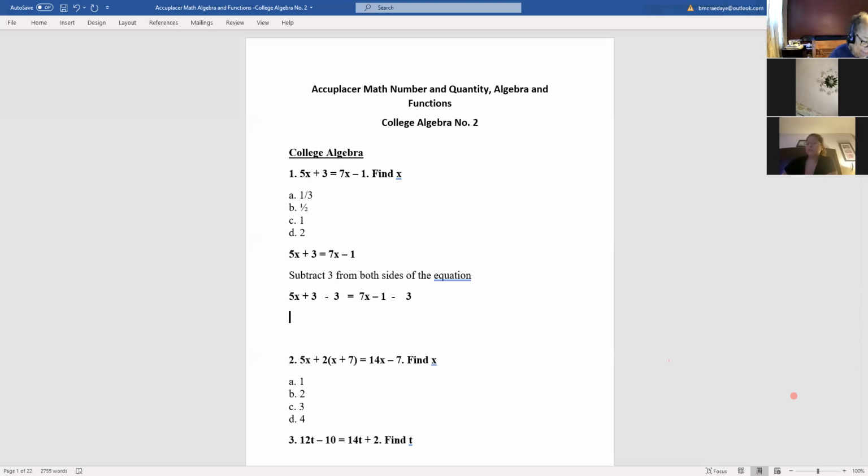What do you get on the right side? 7x minus 4. Minus 1 and a minus 3 gives you a minus 4, right? 2 negatives is going to give you a negative. So what do you do next?